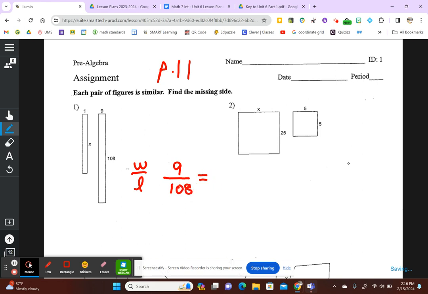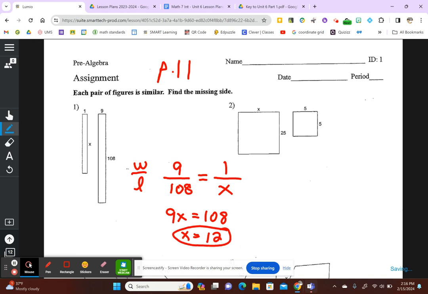And that's going to be proportional to the width of the small and the length of the small. So I set up a proportion. 9 is to 108 as 1 is to x. I get 9x equals 108. Divide by 9, and that answer is 12.